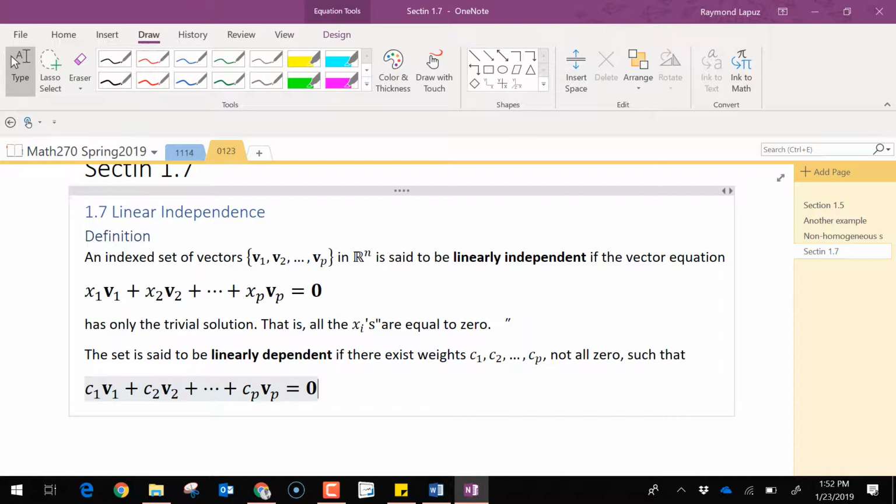So graphically, it's best to look at a two-dimensional example. We could also look at a three-dimensional example.